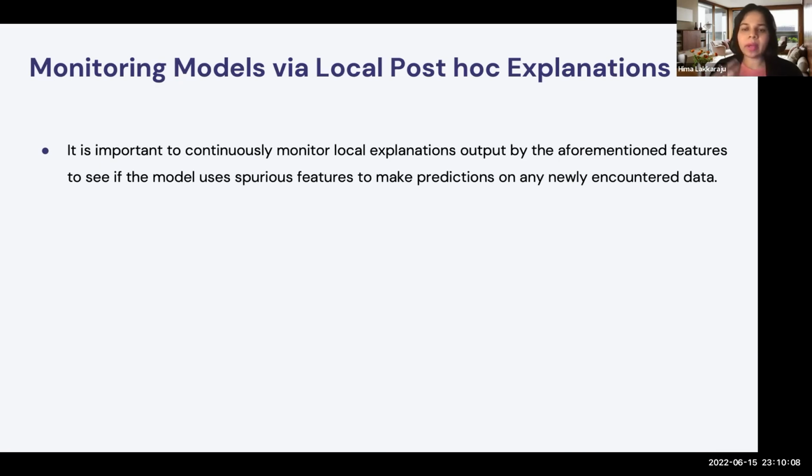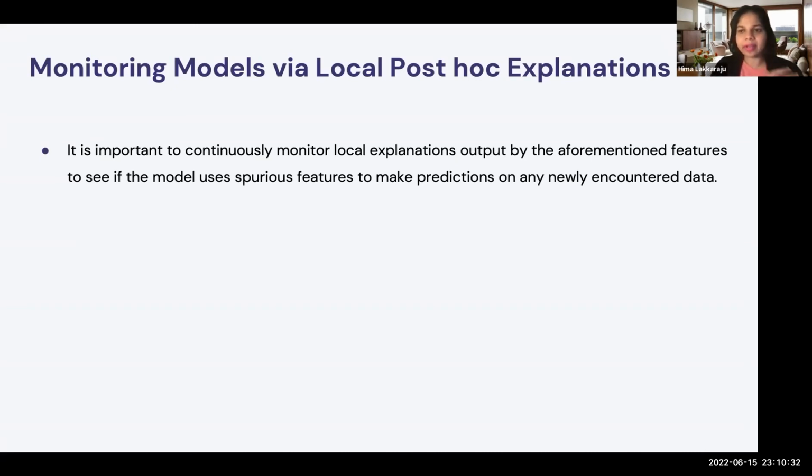So typically the way people use a lot of these explanation methods is they can help us understand what features the model is relying on. While the model might be relying on appropriate or relevant features for points in the data that it had already seen, that may not always be true for newly encountered data, right?